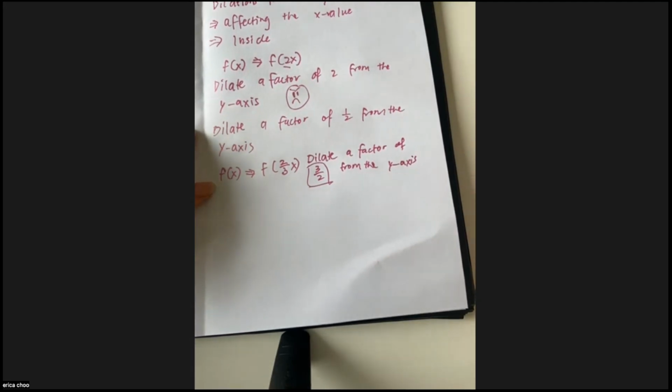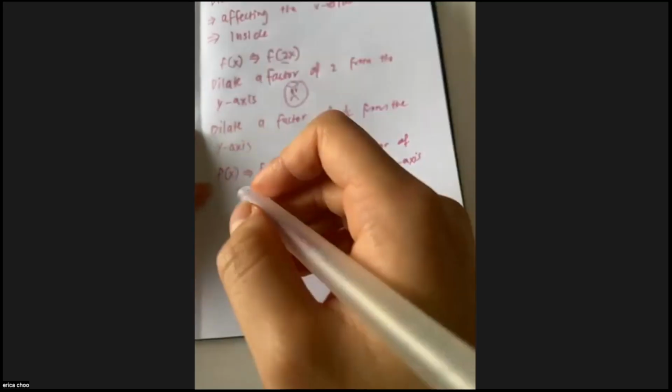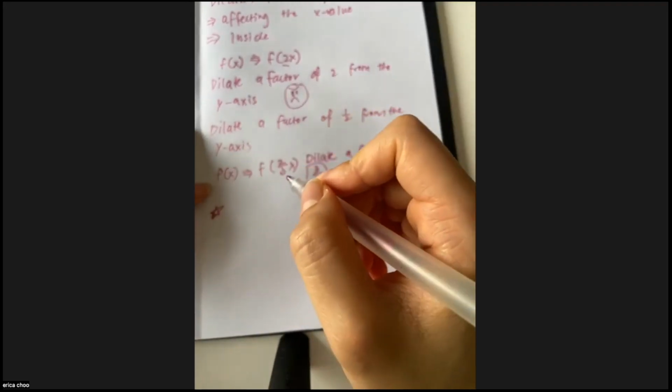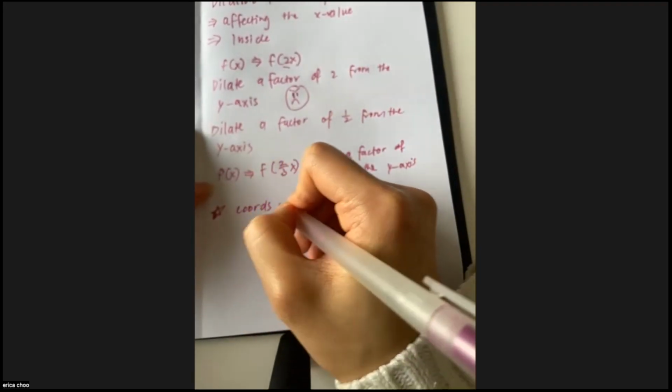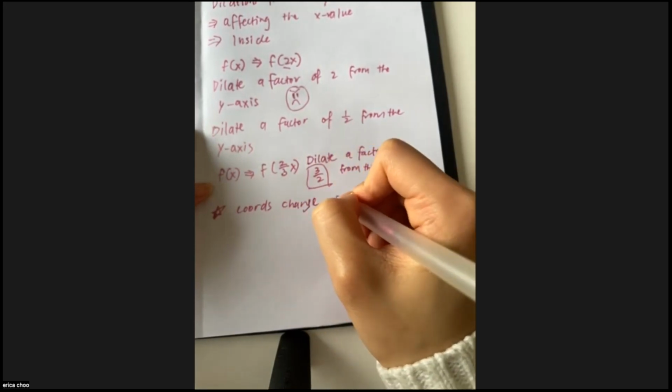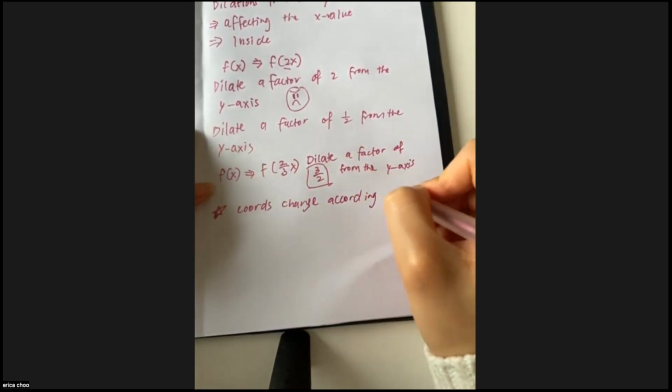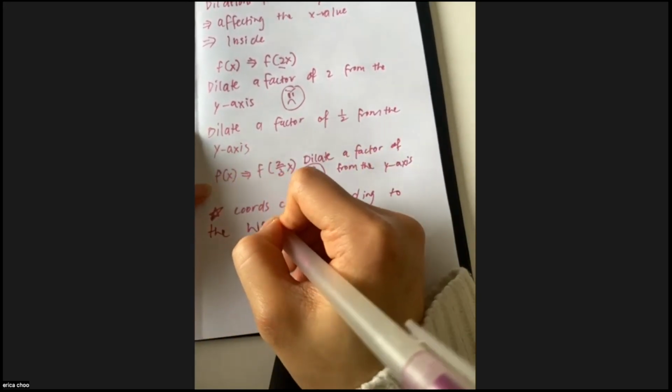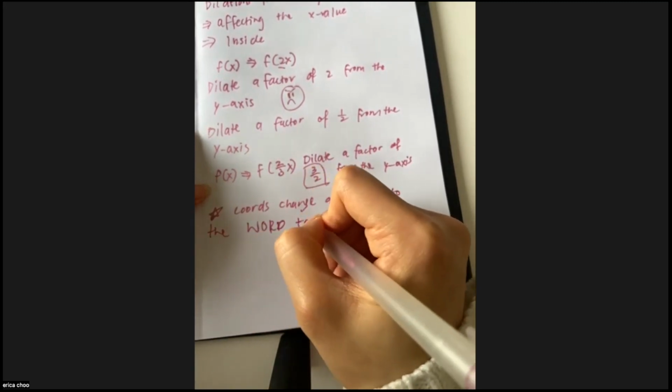And we know that the x coordinate changes because of this dilation, right? So this is a very important point. Make sure you understand this. The coordinates change according to the word transformations.